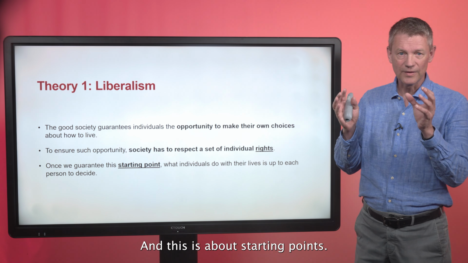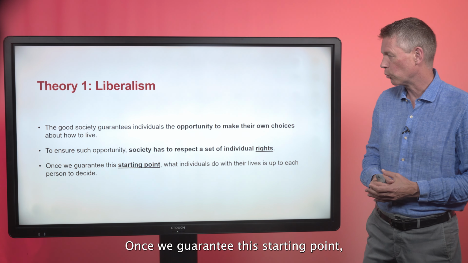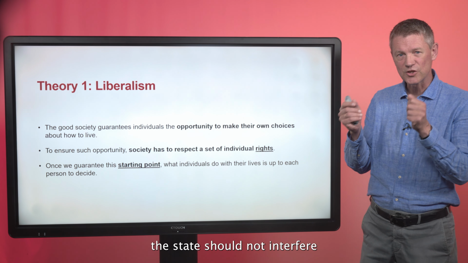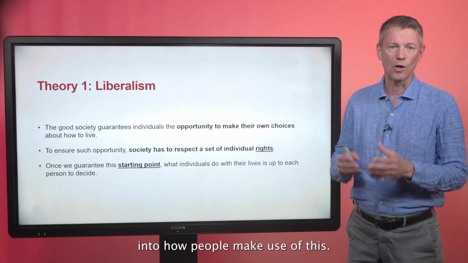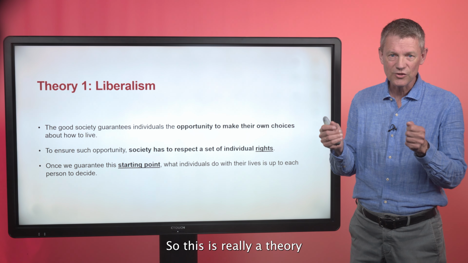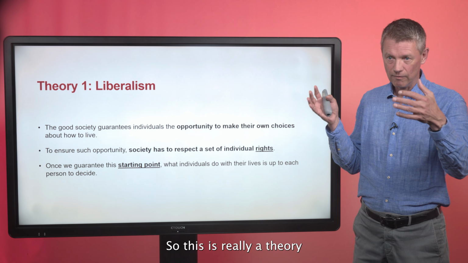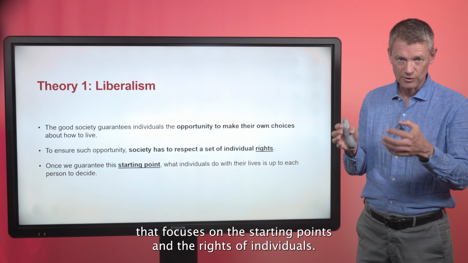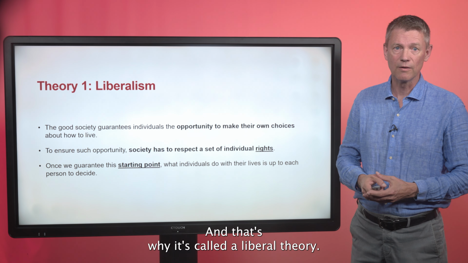And this is about starting points. Once we guarantee this starting point, the state should not interfere into how people make use of this. So this is really a theory that focuses on the starting points and the rights of individuals, and that's why it's called a liberal theory.